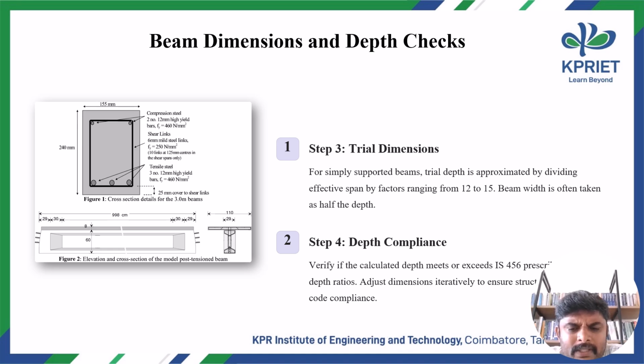First, we take the dimension based on the span by depth ratio, 12 to 15. After that, we confirm the depth. In case of steel Fe415, you know that d is equal to square root of Mu divided by 0.138 fck b, that is, d squared. Based on that, we confirm the depth required at step 4.